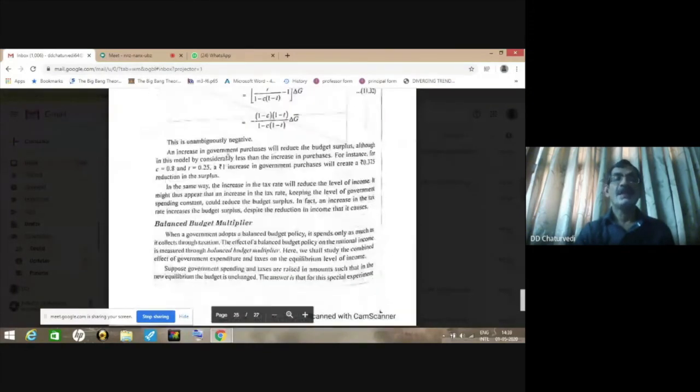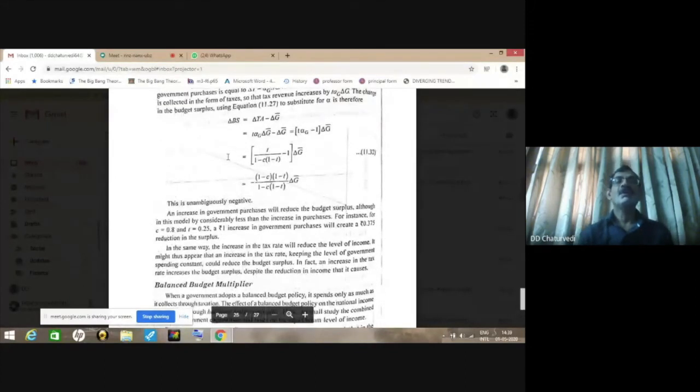So I take you back to the equation we are deriving now, and this is the change in budget surplus. The change in budget surplus is given by the change in taxes and the change in government expenditure. We are assuming that there is no change in the transfers, so the change in budget surplus is affected only by change in taxes and the change in government expenditure.